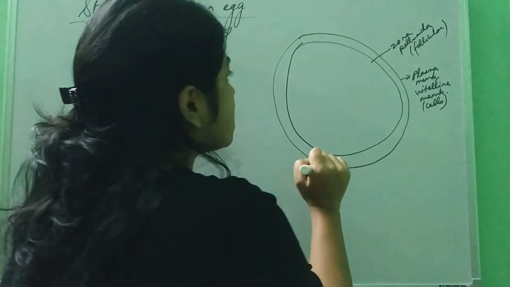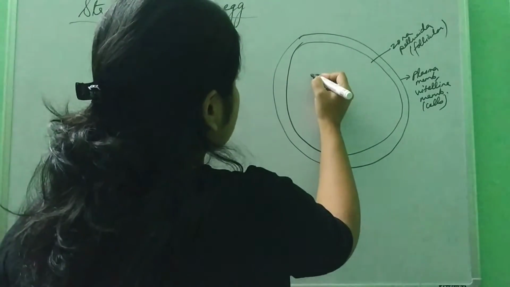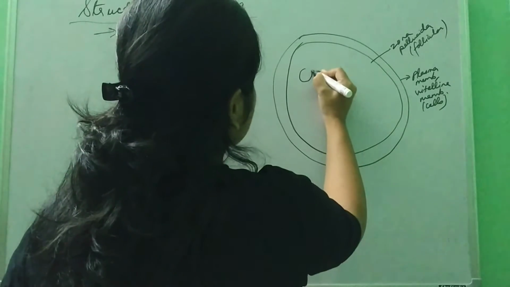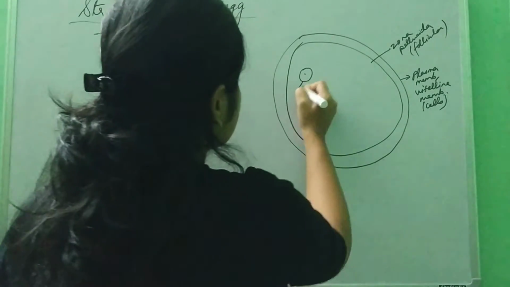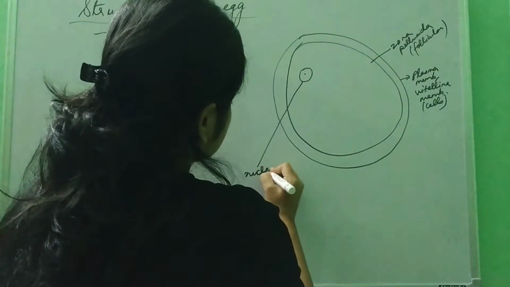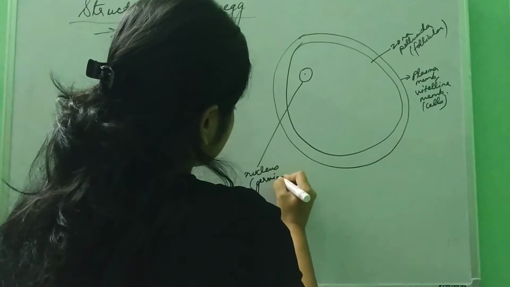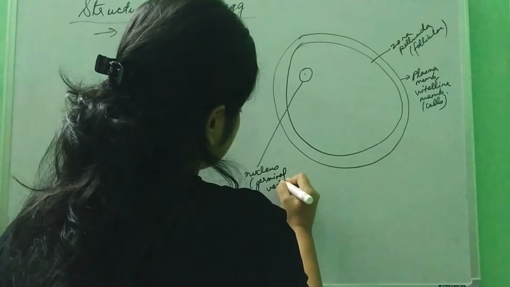Then this is a cell, so there will be a nucleus. The nucleus here is not located in the center. It is located on one side. This is the nucleus, also known as the germinal vesicle.